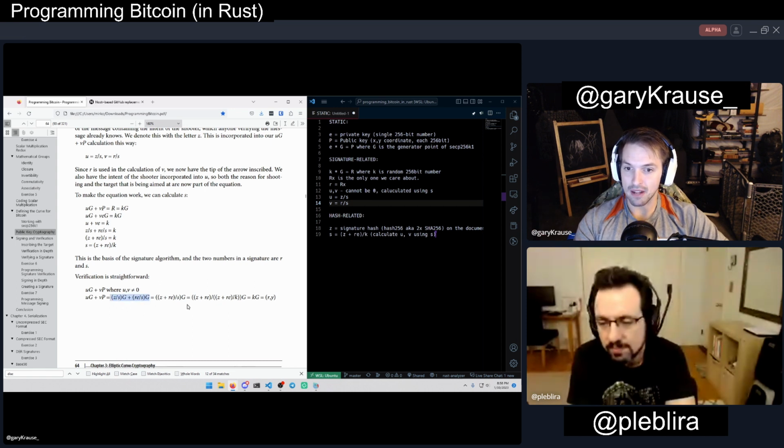And that allows us to combine the two and just divide by S and then multiply by the generator point.